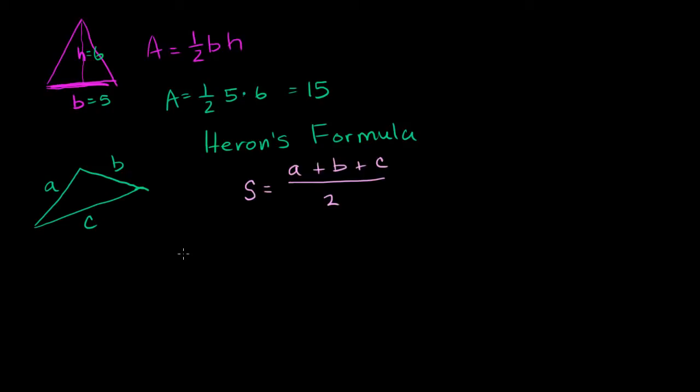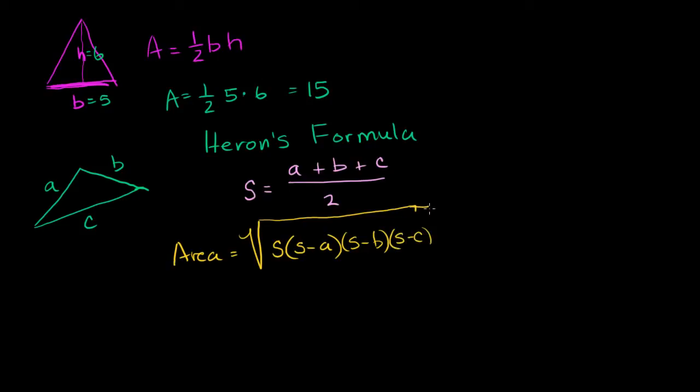Then, once you figure out s, the area of this triangle right there is going to be equal to the square root of s, this variable s that you just calculated, times s minus a times s minus b times s minus c. That's Heron's formula right there, this combination. Let me square it off for you. So that right there is Heron's formula.